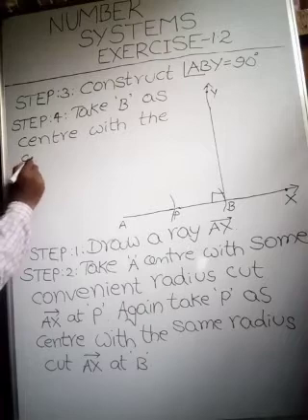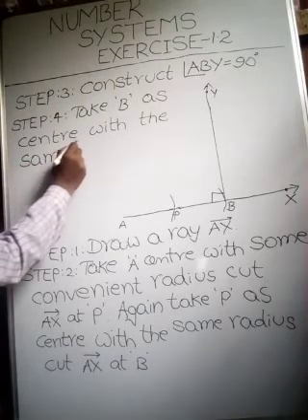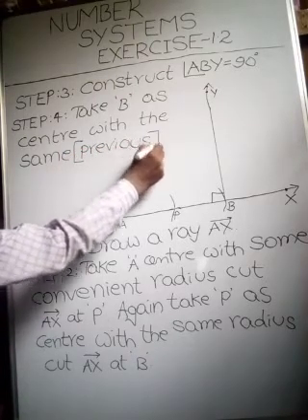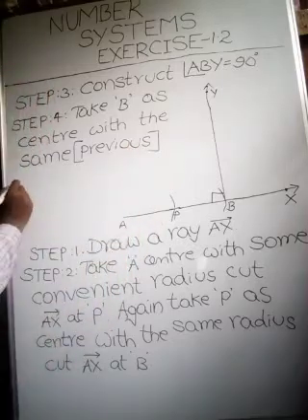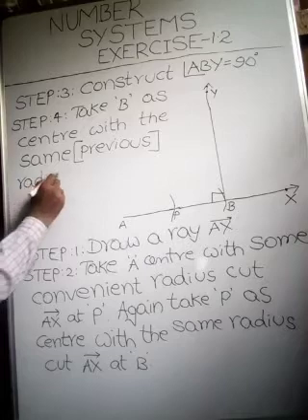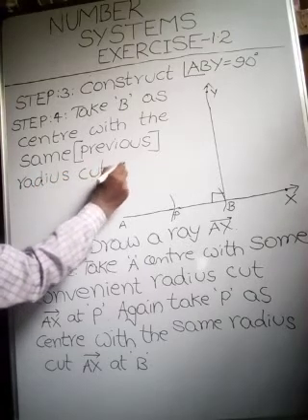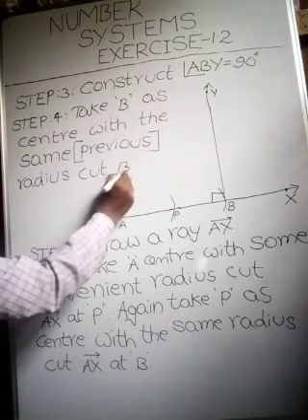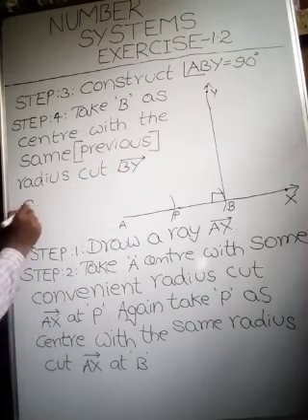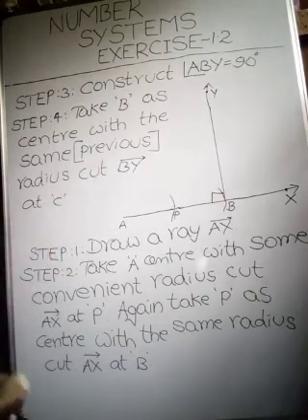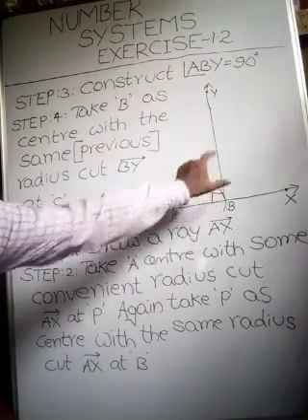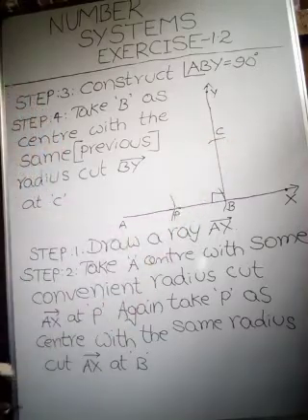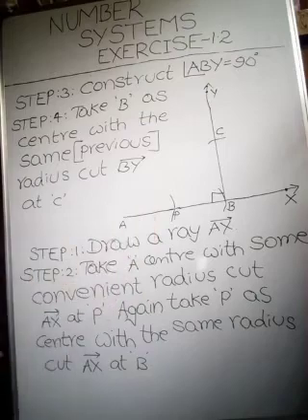Cut the perpendicular ray at C. Now take B as center with the same radius and cut the ray at point C. Understood, my dear children?